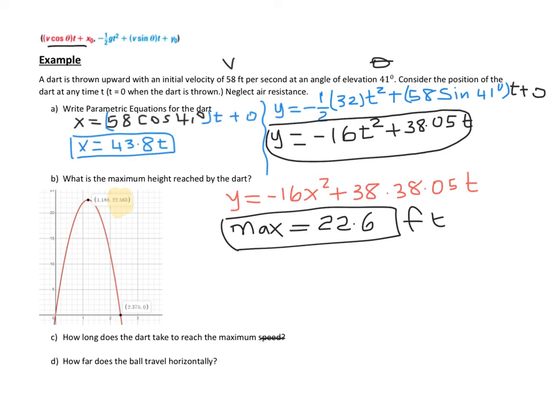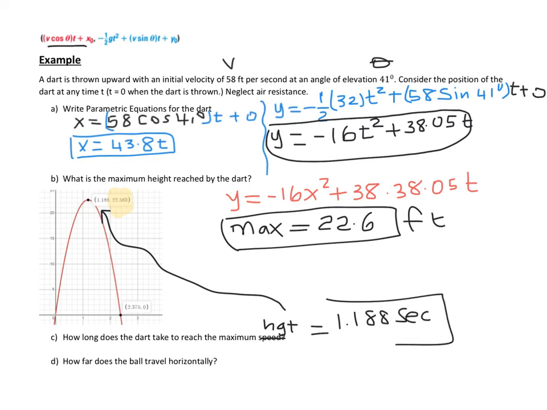This is not maximum speed but height, that's a typo, so that's maximum height. This is going to be the x coordinate, which is 1.188 seconds. That's the x coordinate of the maximum, or the vertex.